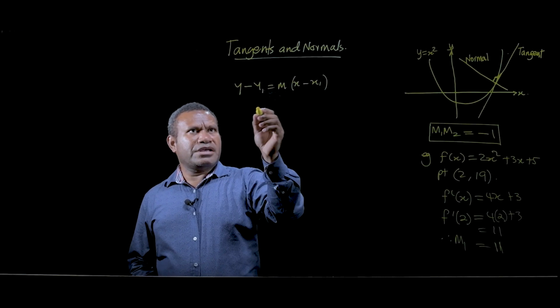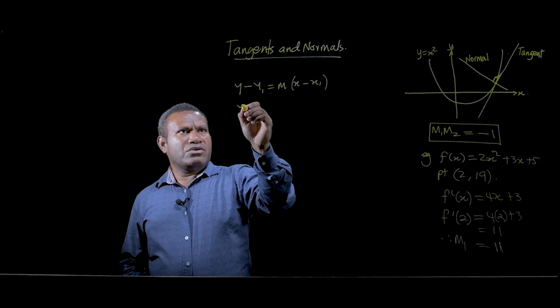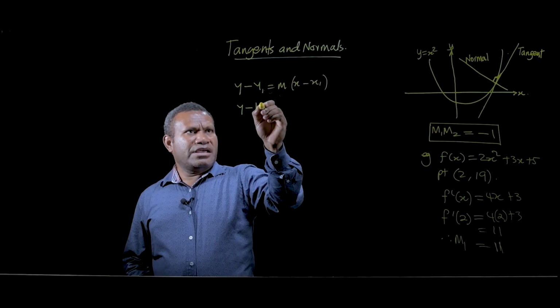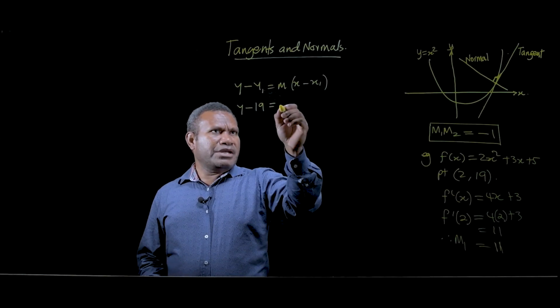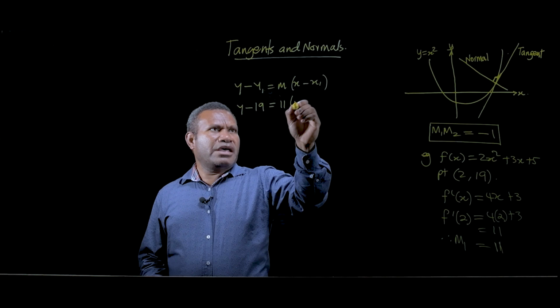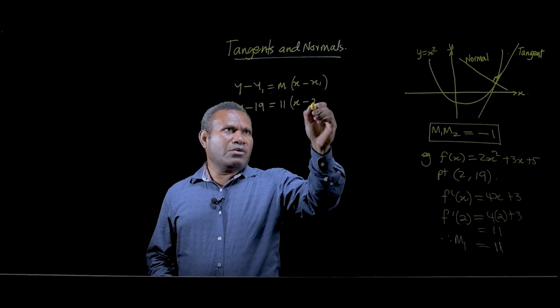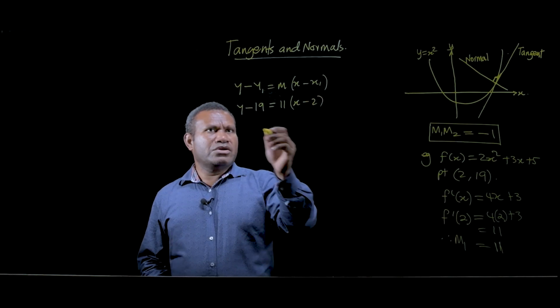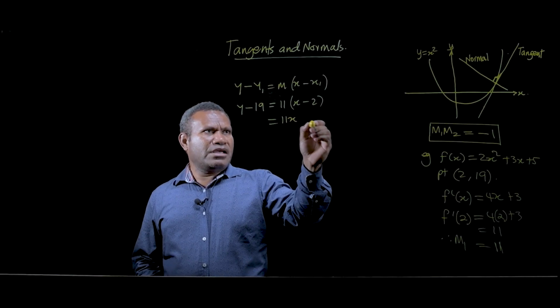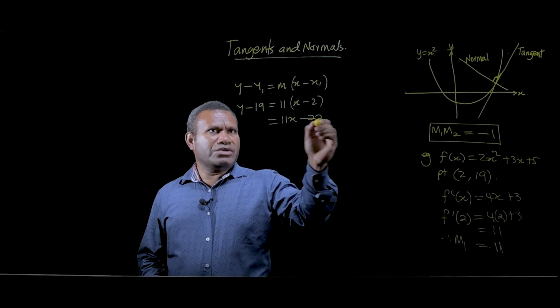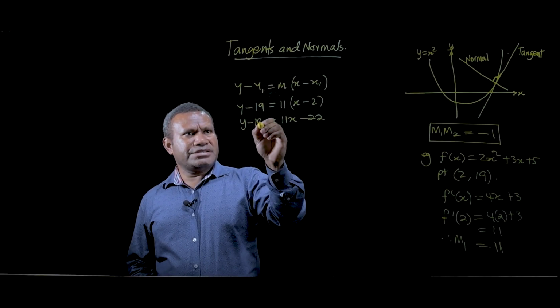So y minus 19, where 19 is the y coordinate of the point, equals the gradient 11 times x minus 2, where 2 is the x coordinate of the point. Expanding the right-hand side, that's 11x minus 22, and this side is y minus 19.